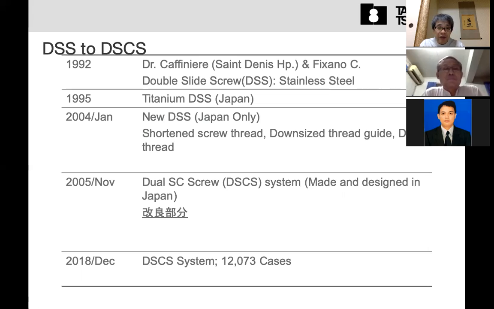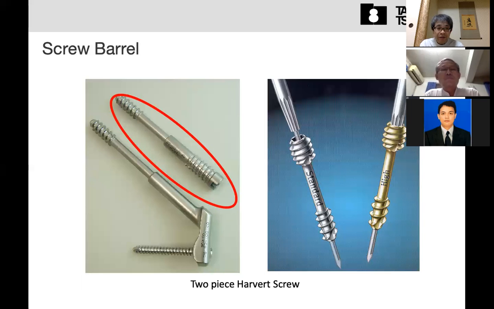I made a modification from the old version to the newest version. This is cannulated, and interestingly, I added the side plate in this version. So this is maybe the first device that has a side plate as an implant for femoral neck fracture.